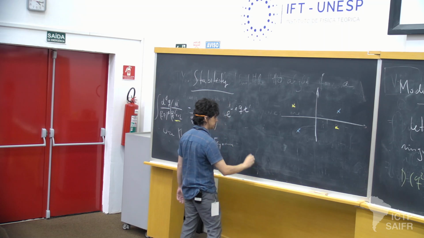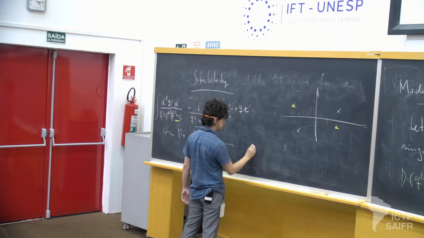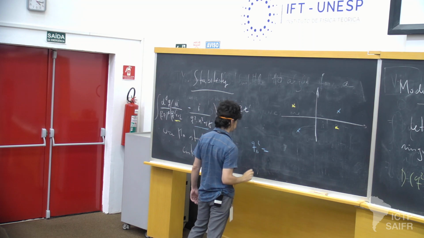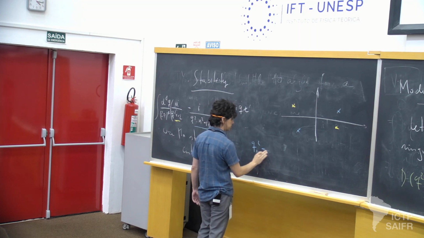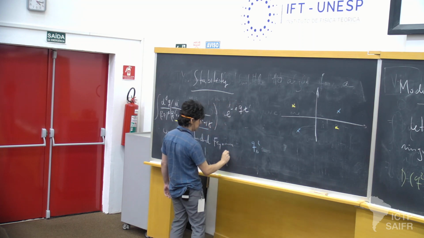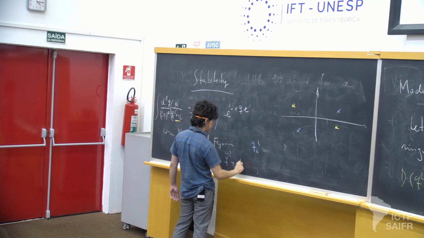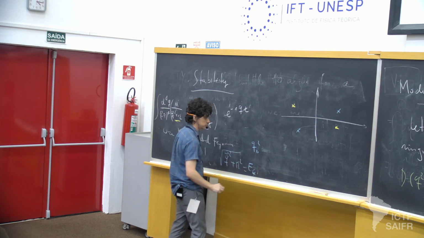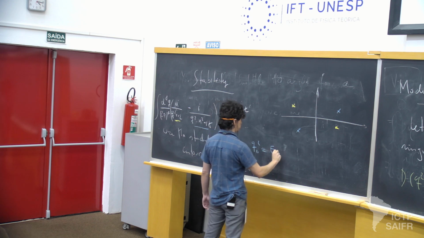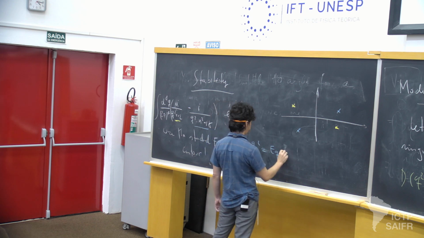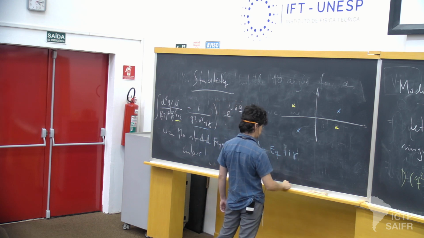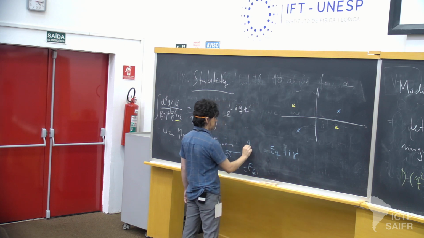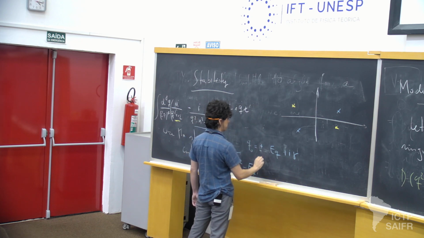And these are, let's put it in blue, Q0 squared equals, let's call it Q squared plus M squared. Let's call it E_Q. So this is E_Q plus or minus i gamma.